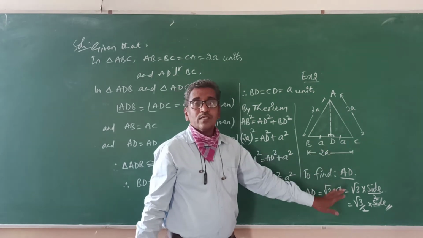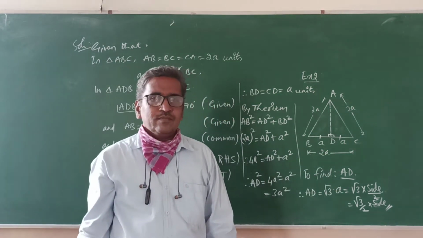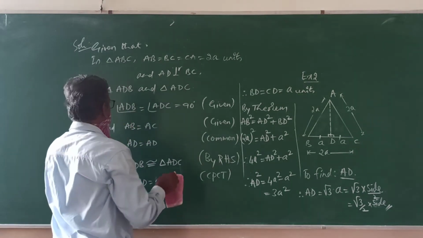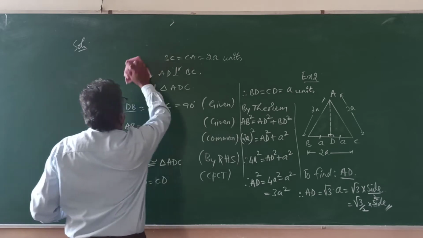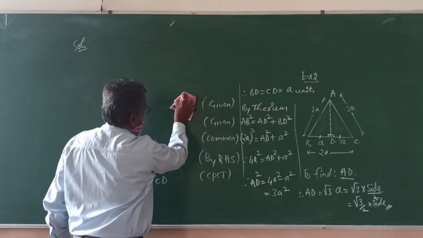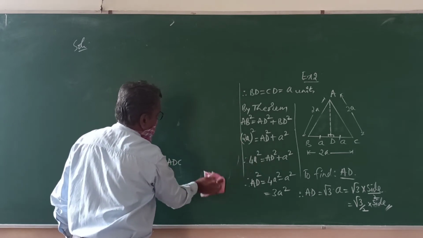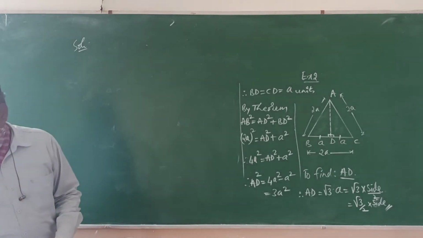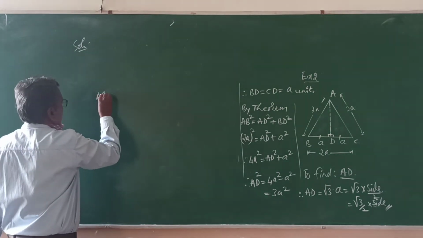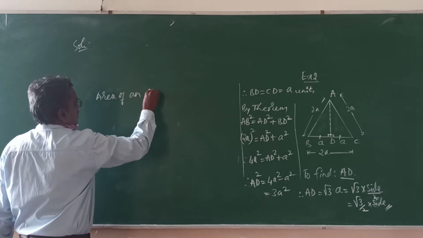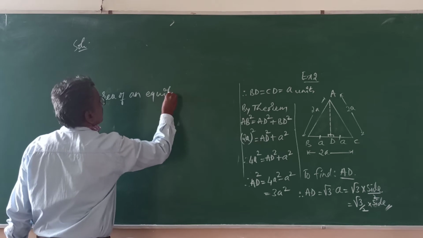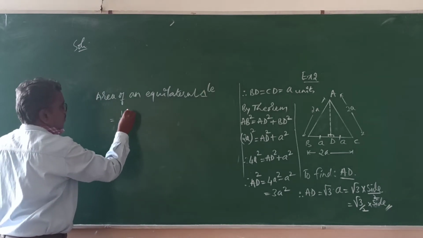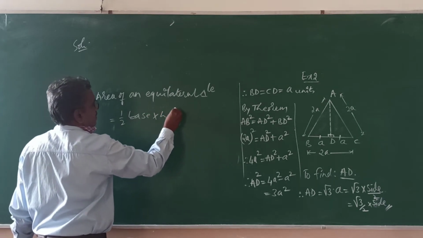Then what is the area of an equilateral triangle? The area of an equilateral triangle is half base into height.